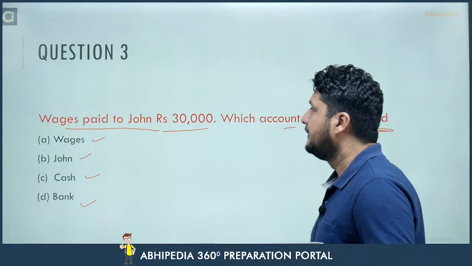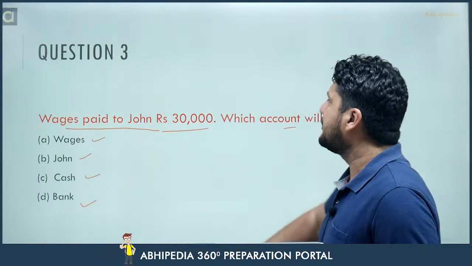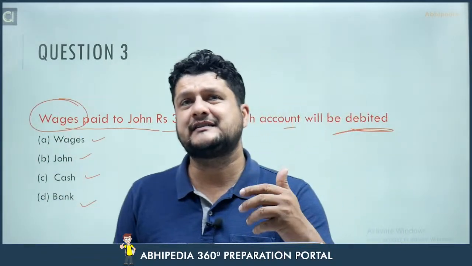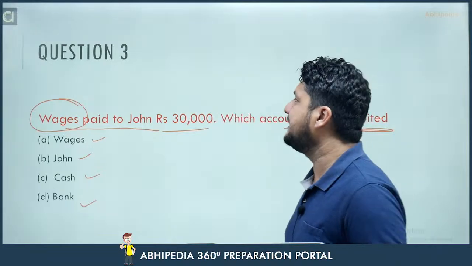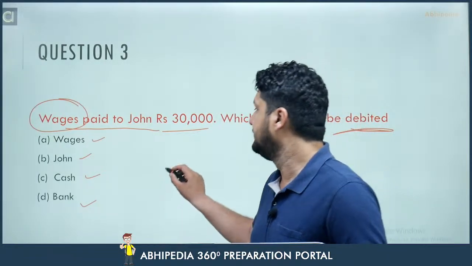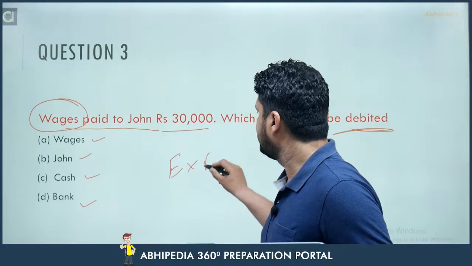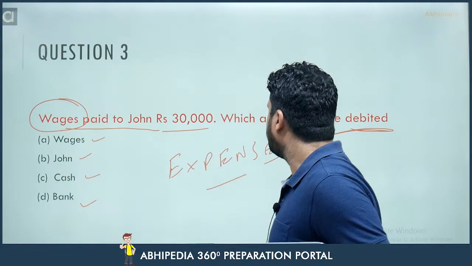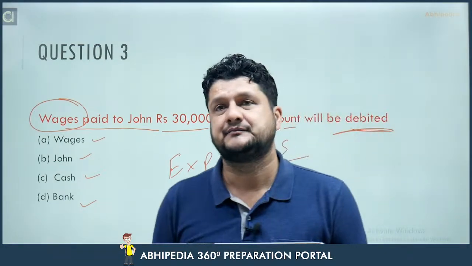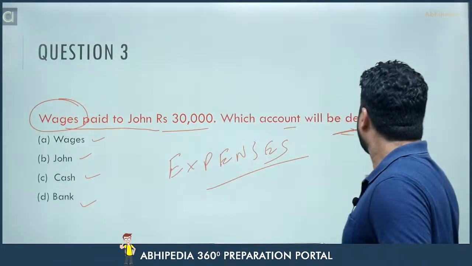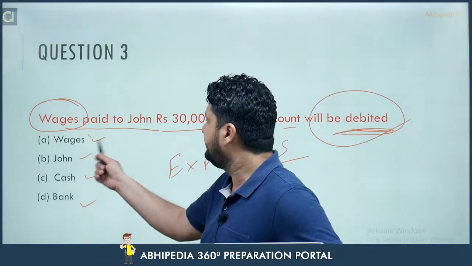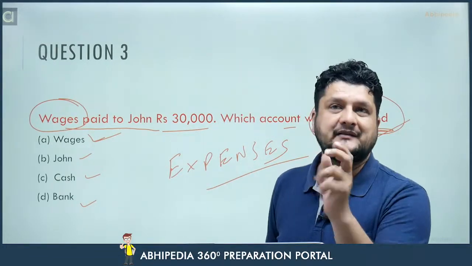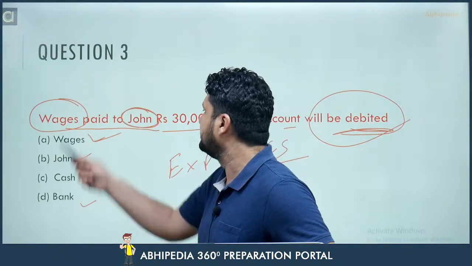Okay, right. So I will explain the option. Wages is a nominal account, and the rule for a nominal account is that expenses are always debited. So wages account will be debited. The second thing to keep in mind regarding expenses is that expenses are never debited to a personal account.